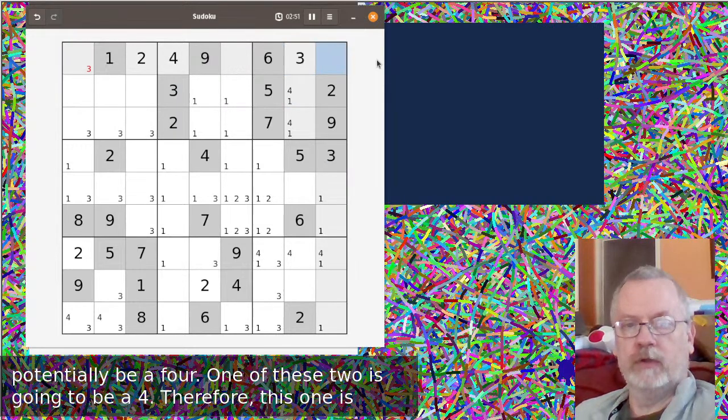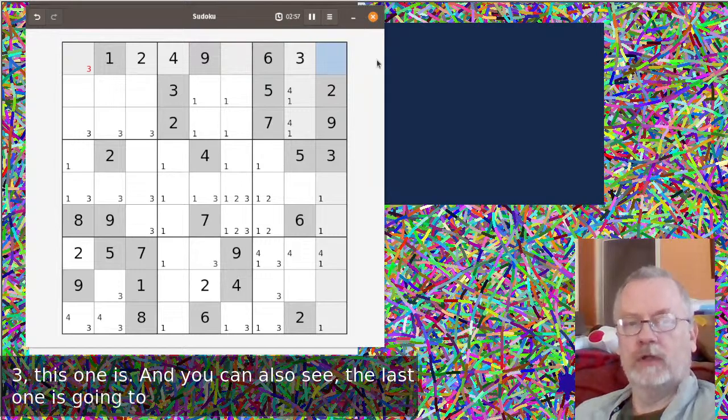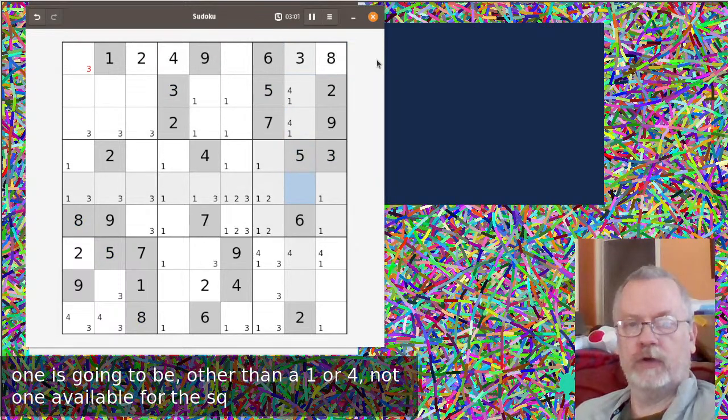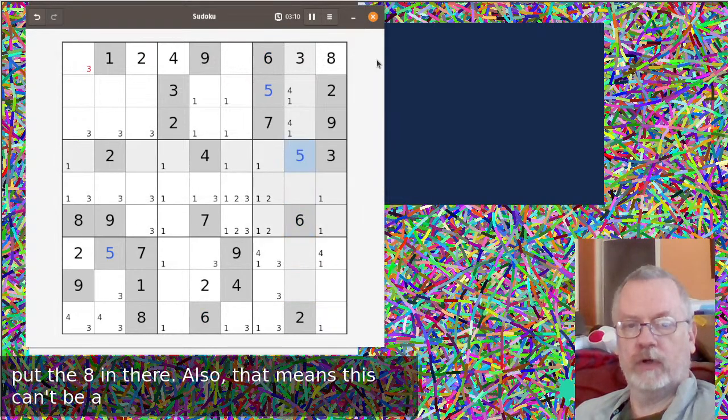And we can also see that the last one is going to be something other than a 1 or a 4, and the only one that's available for this square is the 8. So let's put the 8 in. Also, that means this can't be a 4, because we've now got 2 4s in that square.